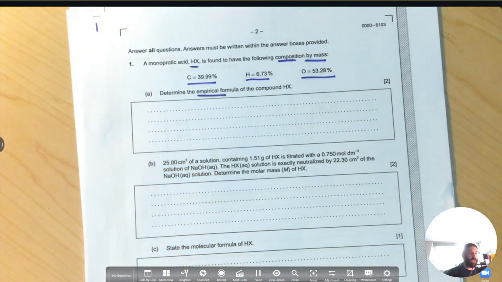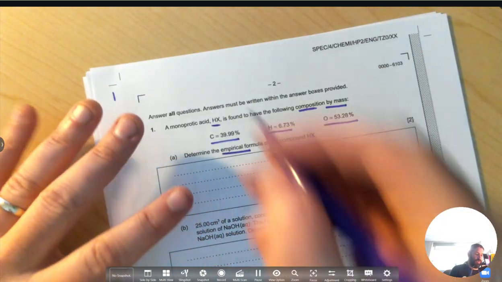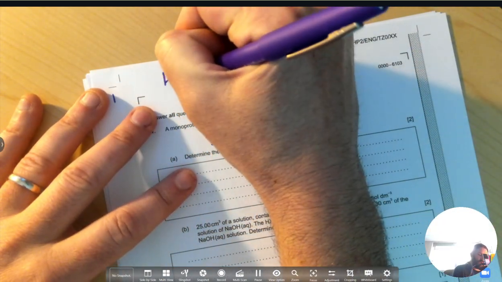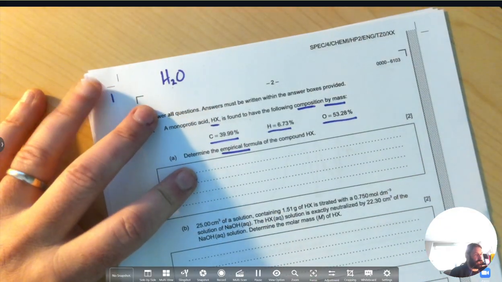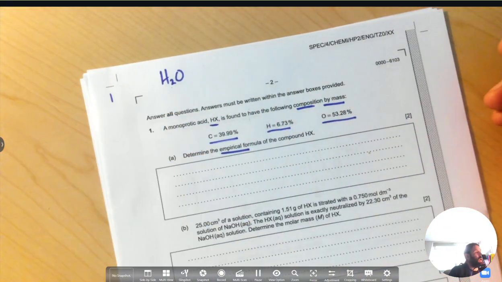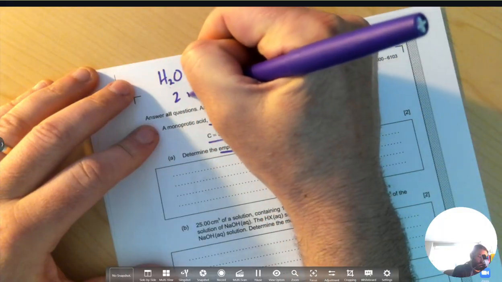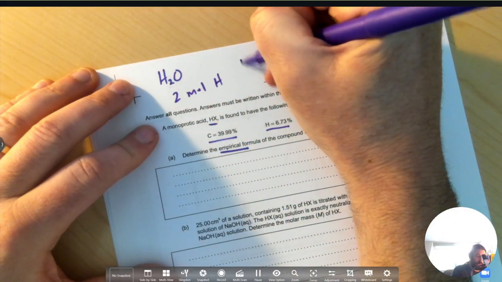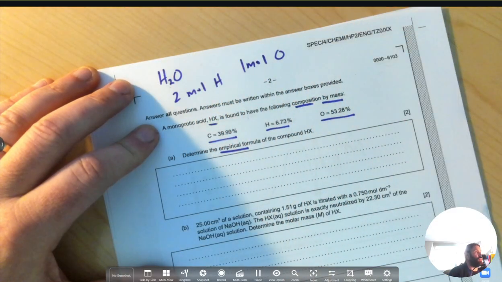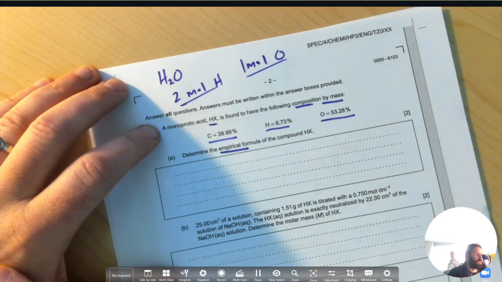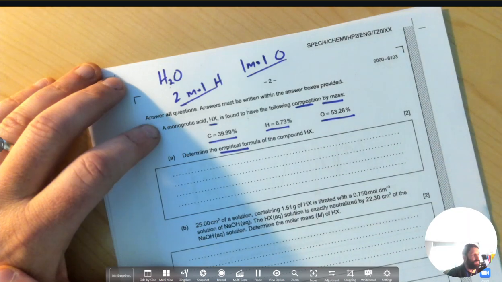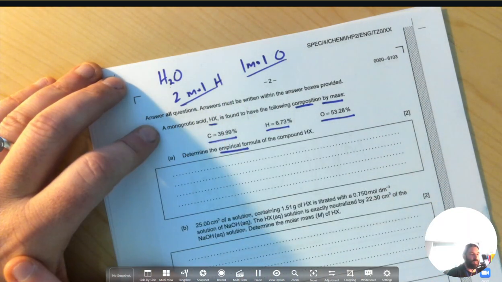The empirical formula is just the smallest whole number ratio of moles. All right, so let's just say we're talking about water, H2O. We have 2 hydrogen for every 1 oxygen, and so 2 moles of H for 1 mole of O. Okay, so when I teach this to my students in the Chemistry 1 class, what I do is instead of talking about moles, I talk about dozens, right?